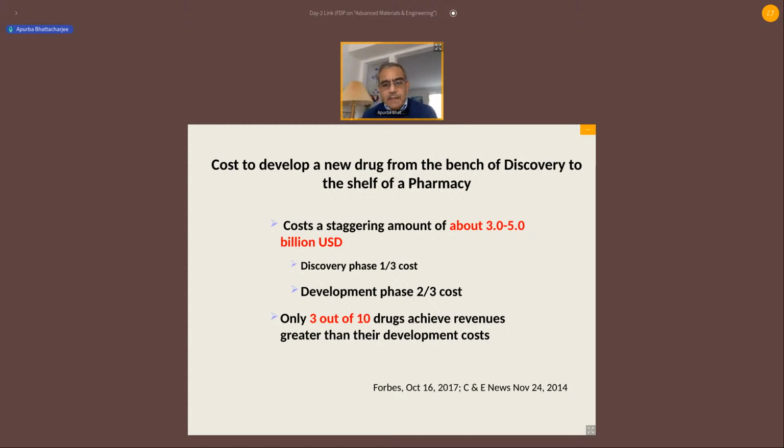And only 3 out of 10 drugs achieve revenues which are greater than the development cost. So you can imagine that is a very expensive matter. Obviously there is a necessity to minimize the cost, and in silico methods have emerged in this way over the last 30 years or so.